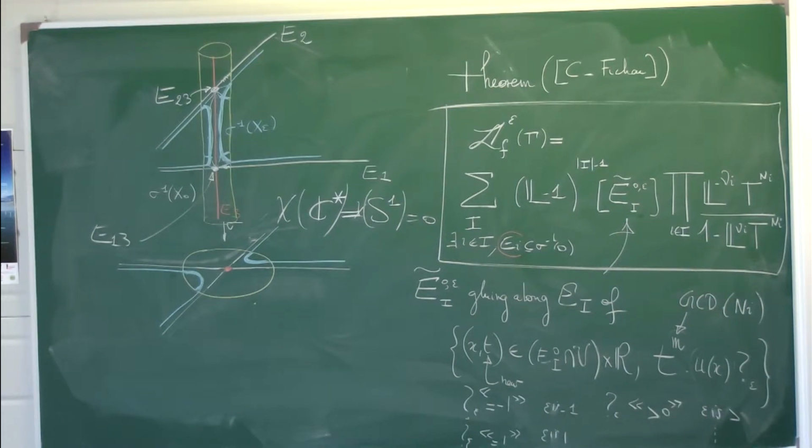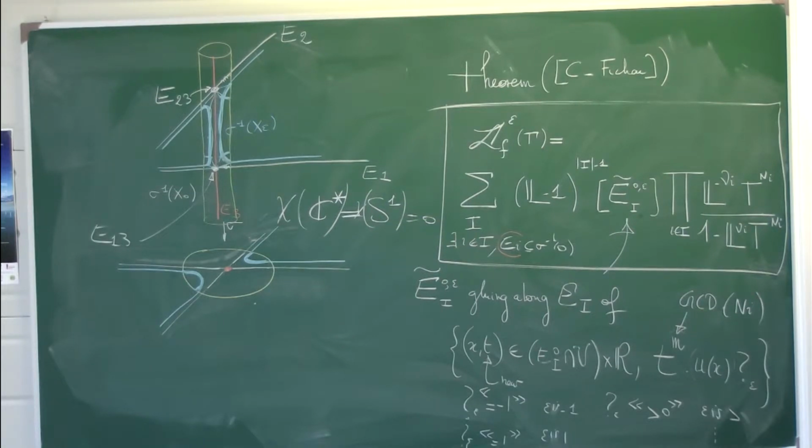So we have here the sum over I such that there exists i in I with e_i in the pre-image by sigma of 0. We have minus 1 to the length minus 1.